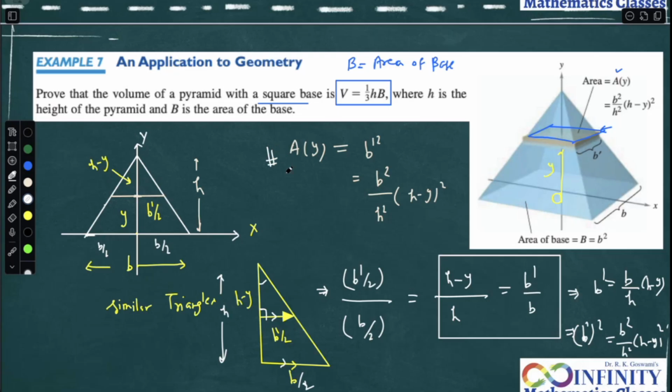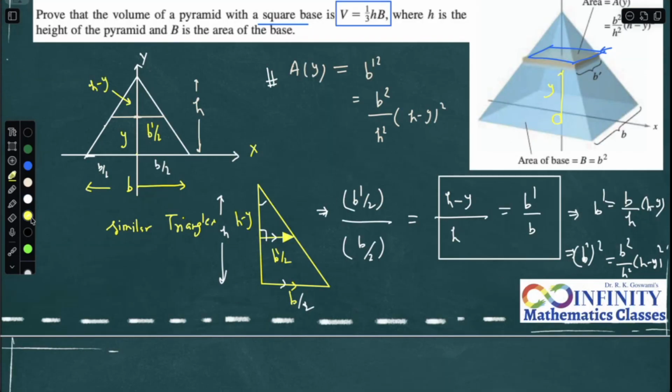Any doubt? Because the cross section was a square, I was just looking for the value of b prime as per the given figure. Any doubt there? Okay, that makes sense. If it makes sense, what is going to be the volume? For the volume, we need the limits of y, which is from 0 to h.